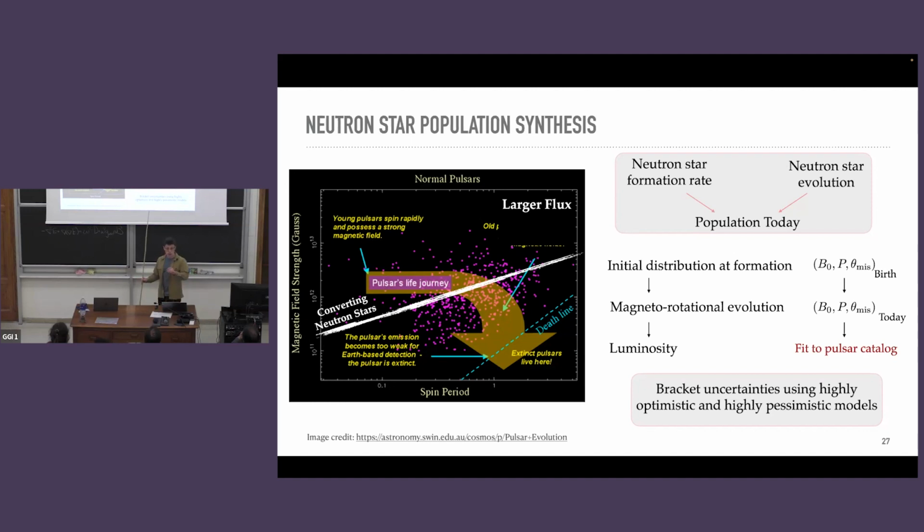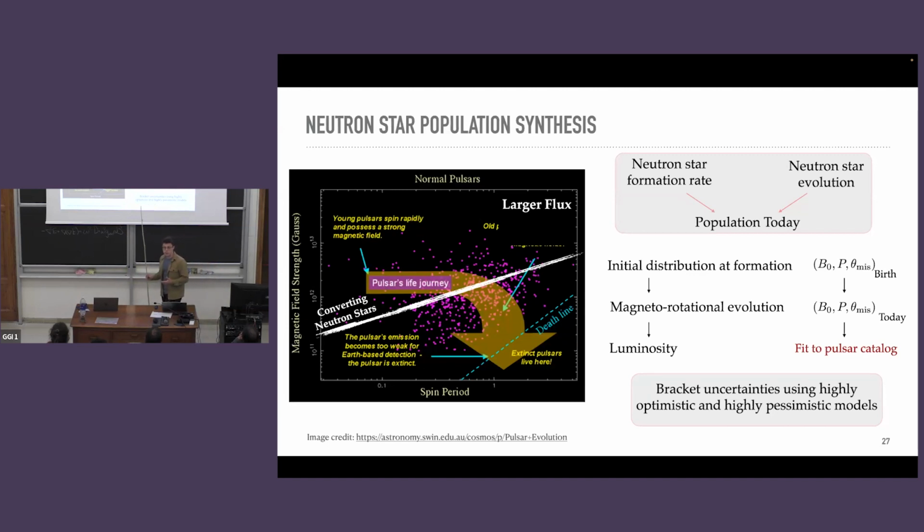And so what I was showing you in that previous figure actually was just two different population synthesis models. And so I'm going to try to really bracket the uncertainties associated with that population modeling with an optimistic and a pessimistic model.